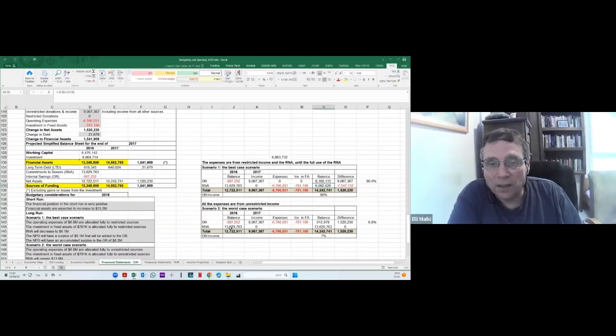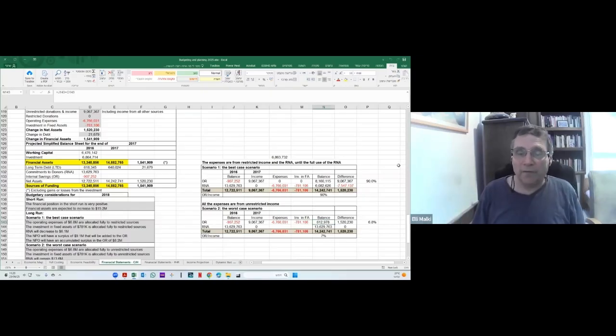And we can see that here in the restricted net assets, there is no change, no income, no expenses. While in the unrestricted net assets, we have income of 9 million and something, expenses, investment, and eventually we have a positive balance.